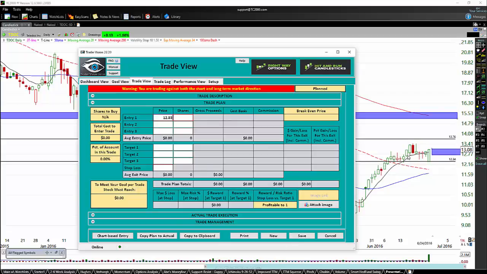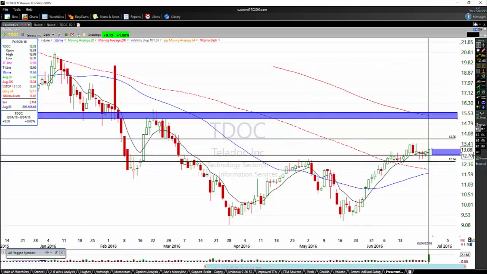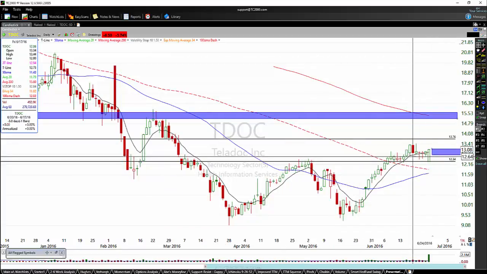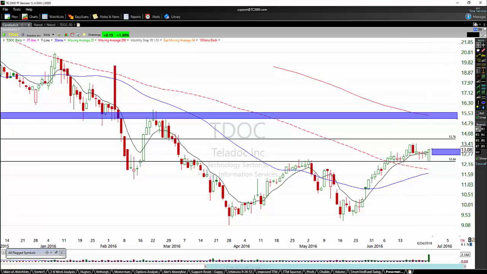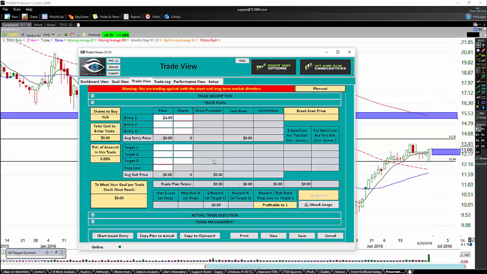I'm going to want to put my stop in here tight, probably just below that buy box, because if this support level fails here, this little shelf, I don't want to be in this trade in a long capacity. So I'm going to put my stop at 12.65, and it tells me that I can buy 1,100 shares and still stay within my $250 limit.